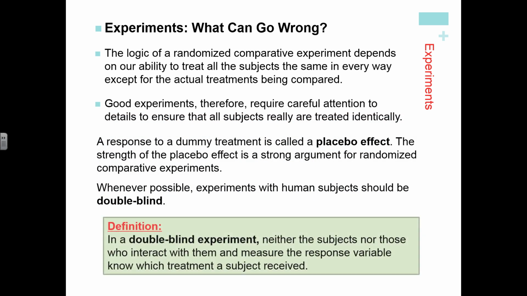All right, so what can go wrong? Well, there's a lot of things that can go wrong with the study. The first thing we need to understand is that sometimes we have something called a placebo effect, and that placebo effect is basically where it's kind of like a mental thing. Like you give a group some kind of treatment, but the treatment really isn't doing what they think it's doing.